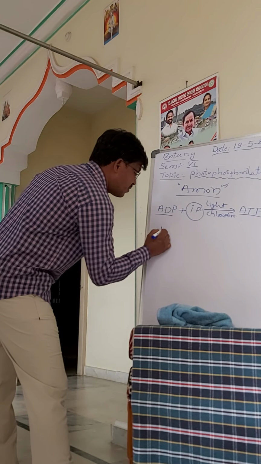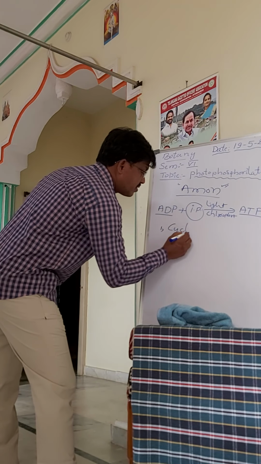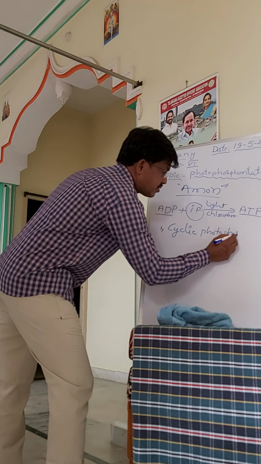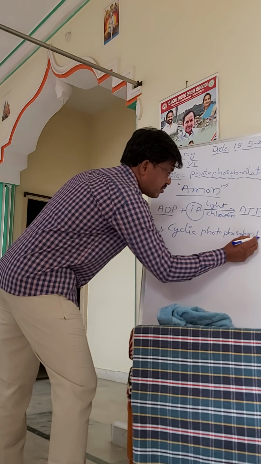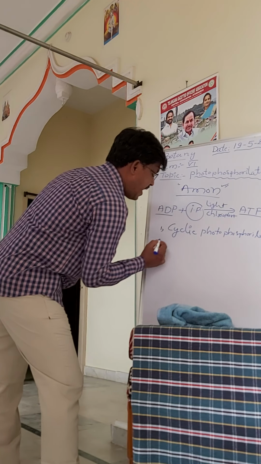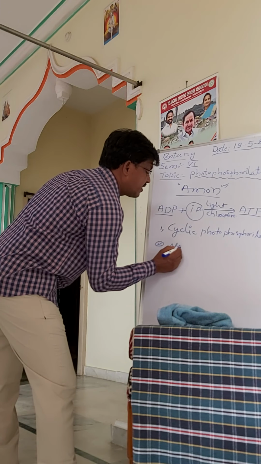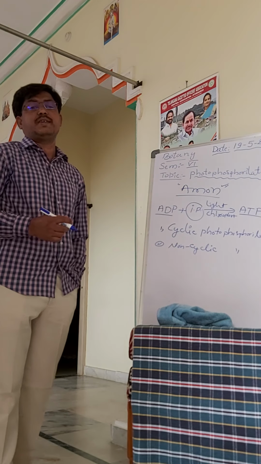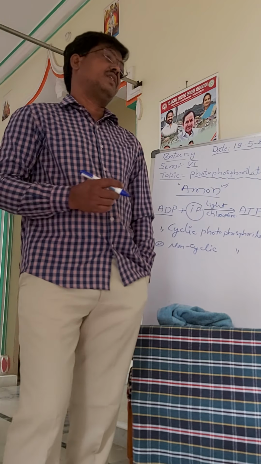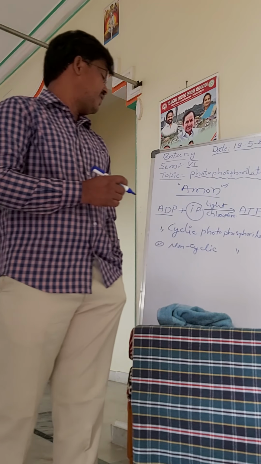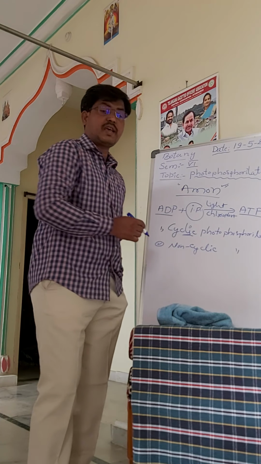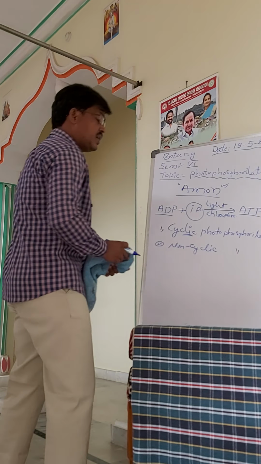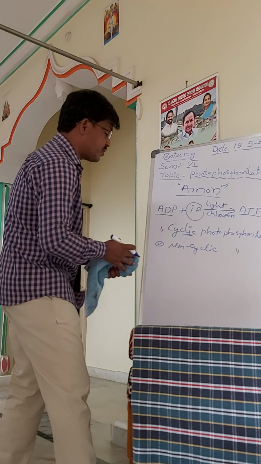One is cyclic photophosphorylation, and the second one is non-cyclic photophosphorylation. Today I am going to explain the cyclic photophosphorylation. I am going to draw a figure of the cyclic photophosphorylation.